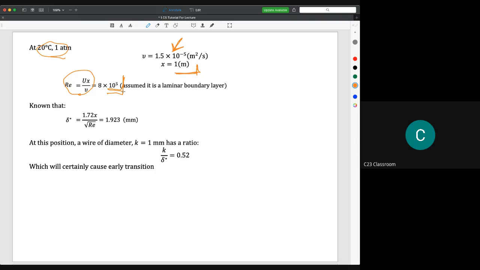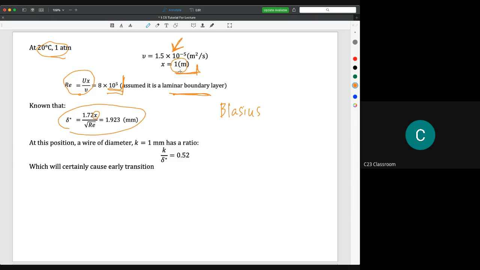Because it is laminar and we don't know the velocity distribution u over U, we just take the Blasius solution as our representative solution. From the Blasius exact solution, the equation for delta star is 1.72x over the square root of the Reynolds number. Substituting x equal 1 meter, we get 1.923 millimeters.